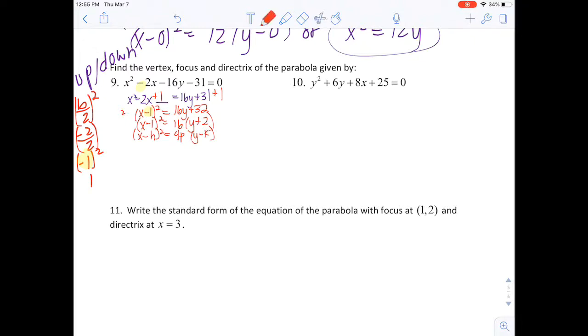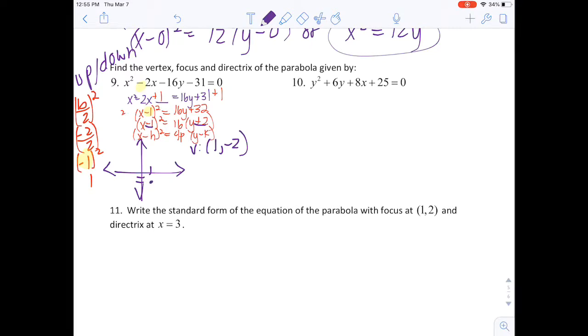Okay, so let me do a little bit of a sketch. Okay, I can see from this my vertex is going to be 1, negative 2. One, negative 2, graph that right there.